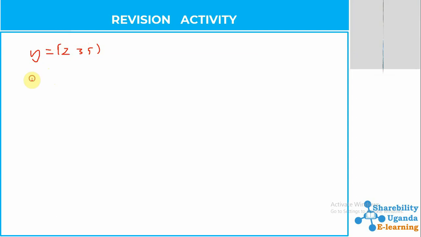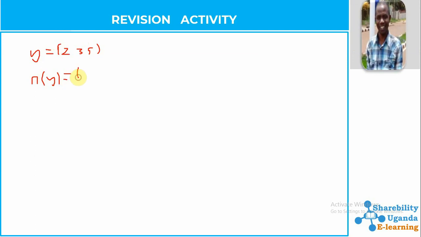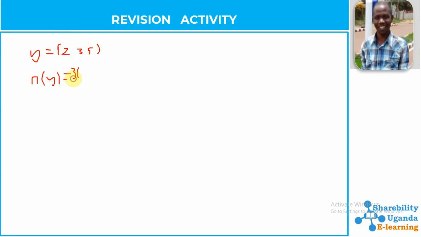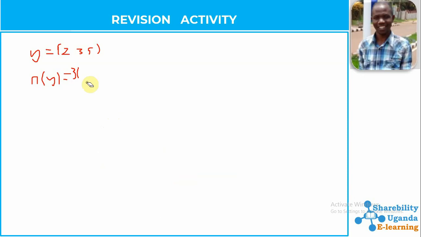So we said the number of elements in our set y shall be equal to how many are they? We just need to count them. There are 3. Number of elements in our set y, there are only 3.